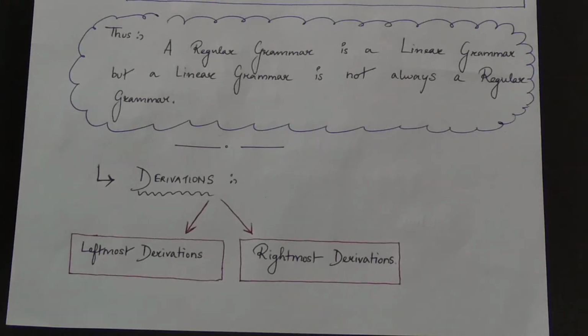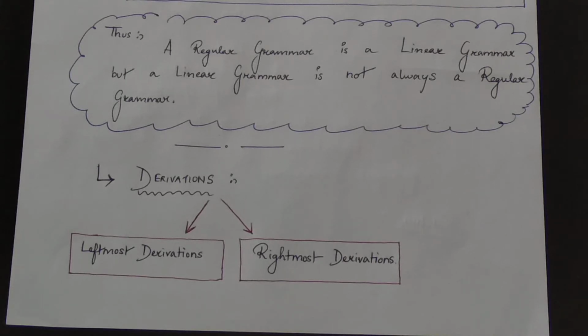Actually, this topic I have already covered in the previous lecture, when we were generating a particular string while discussing the ambiguous property. So if anyone has skipped this particular topic, you can check my previous video lecture where I have discussed ambiguous grammar, and there I have mentioned clearly the working process of leftmost derivation and rightmost derivation.